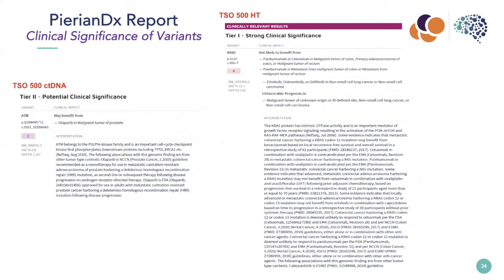And then you see a similar format shown on the left-hand side of the slide for, in this case, a tier 2 variant, which means it has potential clinical significance. Same formatting for the report, and this continues on for any of the variants in a similar format in the different tiers.